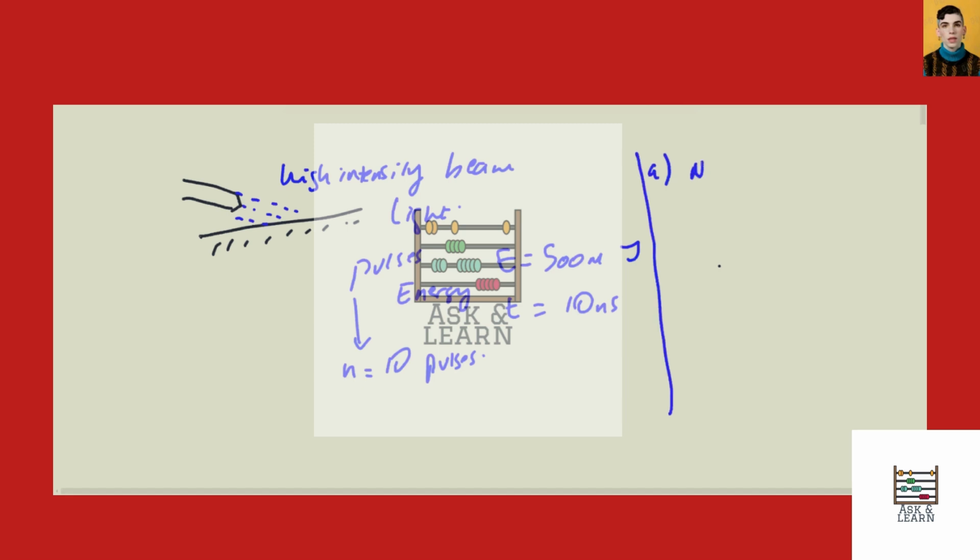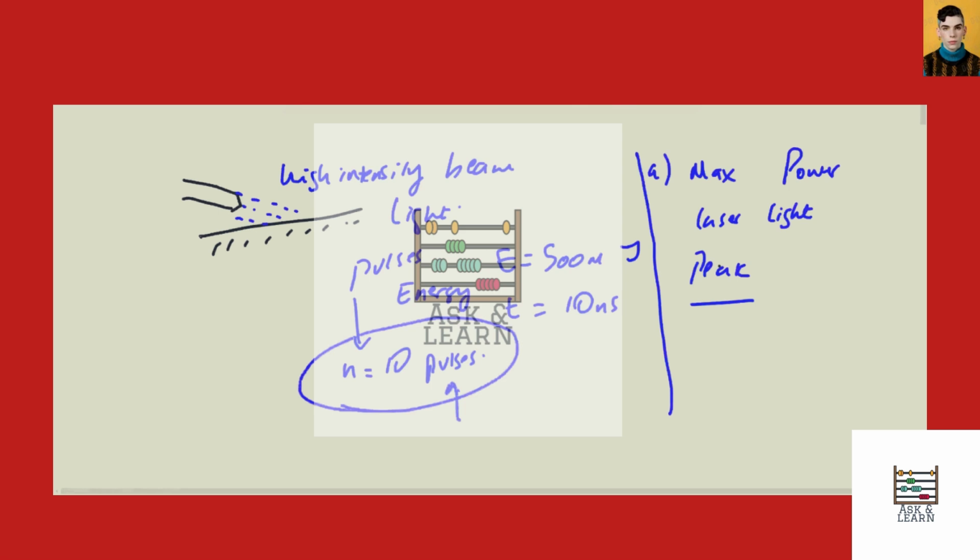So we want to first of all find the maximum power of the laser light, or what you can call the peak of the laser light, and the peak happens within these 10 pulses. So it's going to happen within 10 nanoseconds. That's what we're looking for in the first part of the problem.